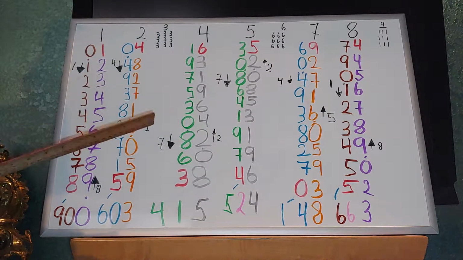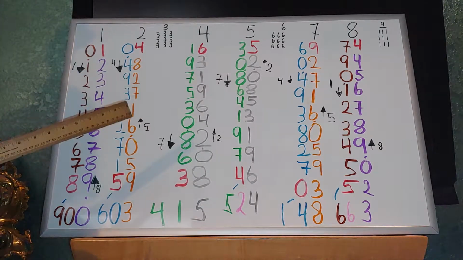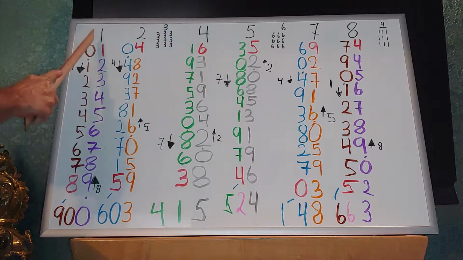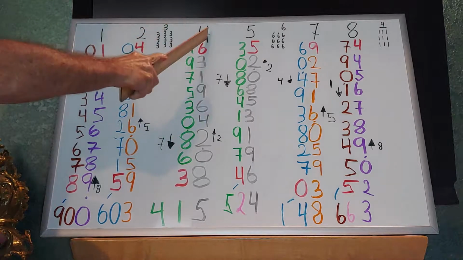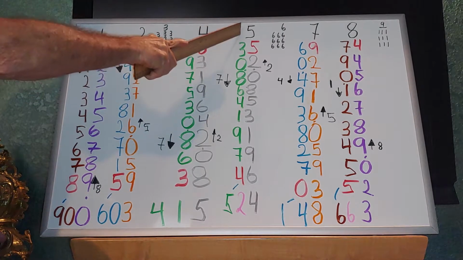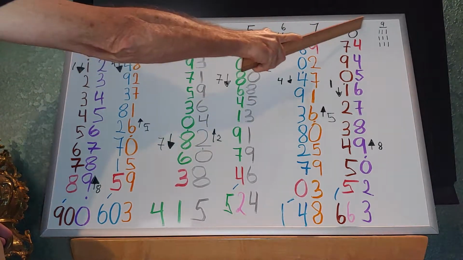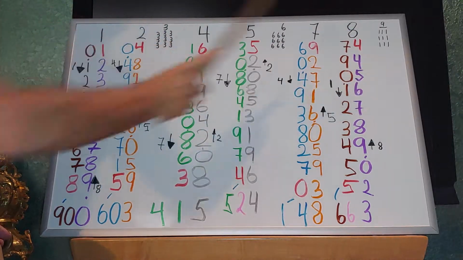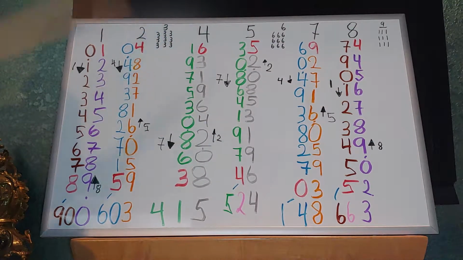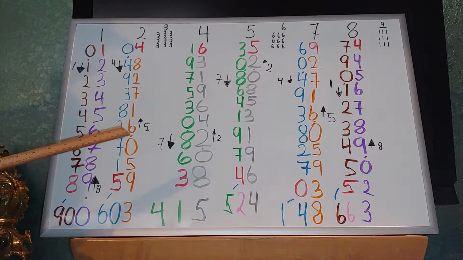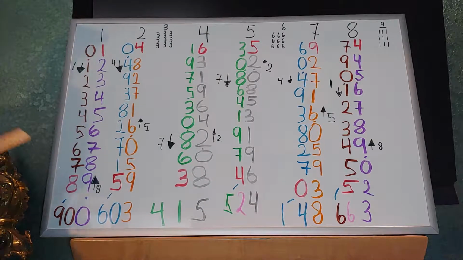Okay, so what we're going to do is we are going to add 1, 2, 4, 2, 5, 7, 8, and it's going to equal 181818. Really, it will be 818181.